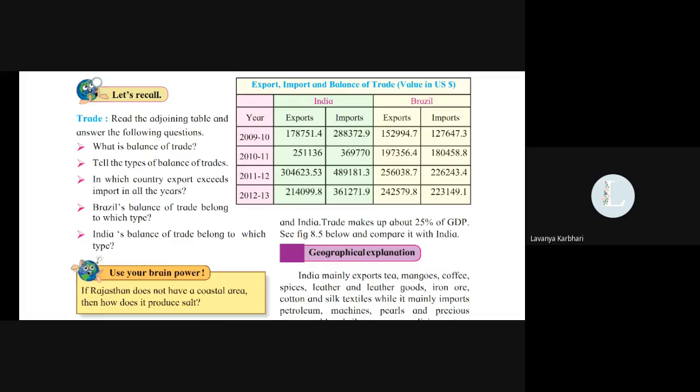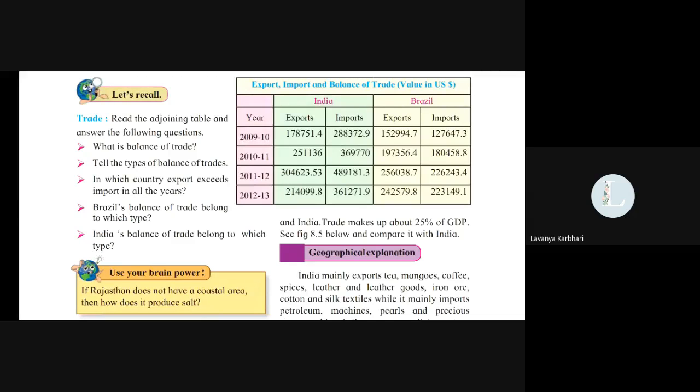if we look in the column of India, then India's export was 1,78,751. So this was the export of India, and 2,88,372.9 US dollars.